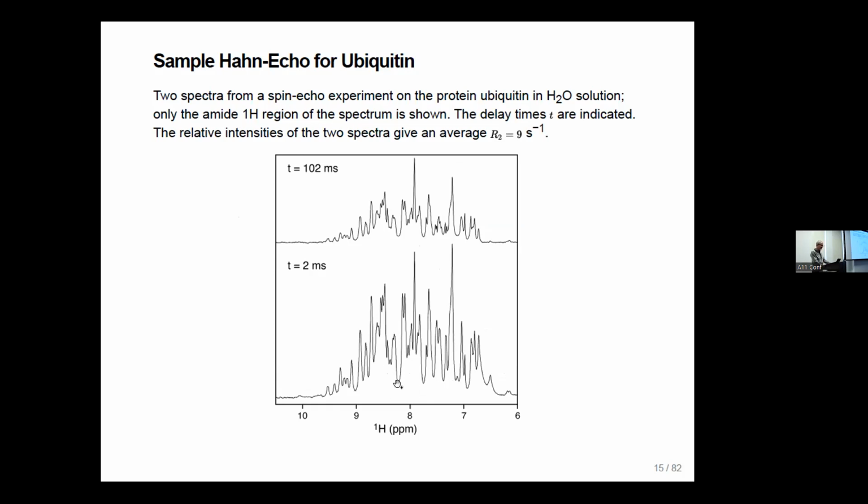And here's the spectrum at a short spin echo delay and a longer spin echo delay. I didn't try to work on any resolved peak. I just roughly estimated the decay for the whole envelope to get a decay time of about 9 per second. And that would suggest that the average amide proton line width is about 3 hertz if I divide by pi.